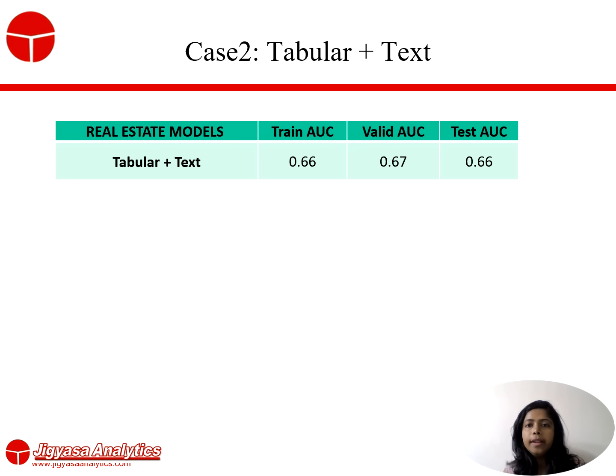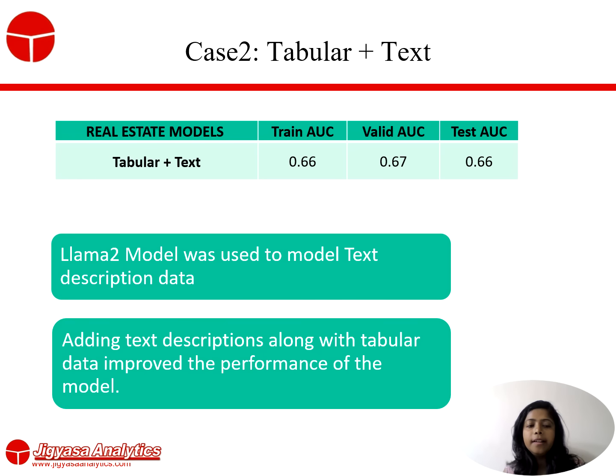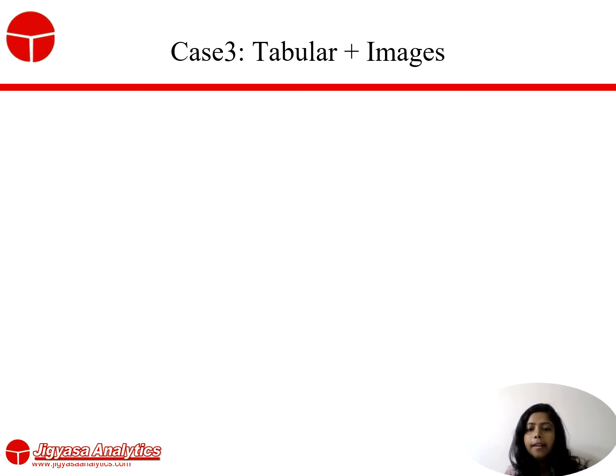To work with the text data, we used the Llama 2 model. From the results, we can see that using text data along with the tabular data significantly improved the performance of our model. Now we come over to case 3, which is for tabular plus image.